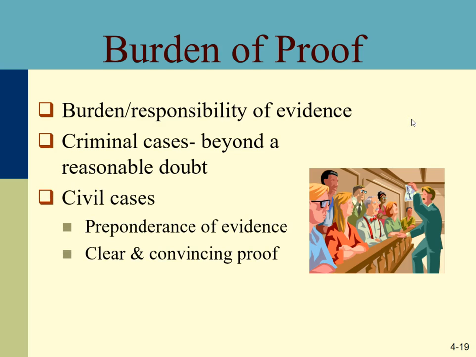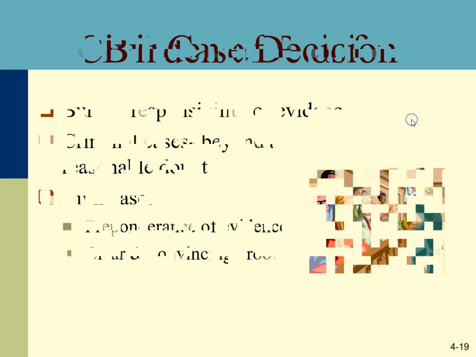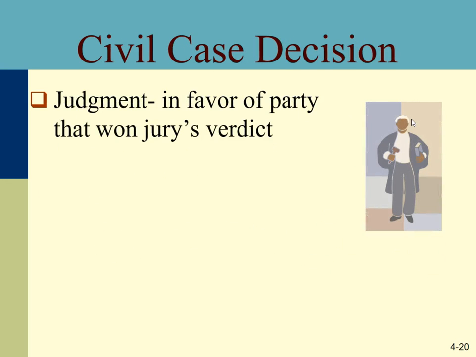In civil cases, however, the burden of proof is only a preponderance of the evidence, like approximately 51% of the evidence favored one party, favored the plaintiff, because the plaintiff has the burden of proof. And therefore, if they don't meet that, then they will not win, and basically the defendant will end up winning the case.